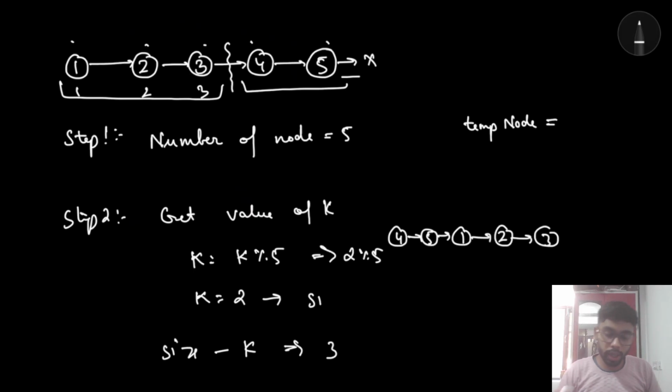So this is quite simple. So we need to code it. I don't think we need to dry run this part. Okay, let's dry run this part. 1, 2, 3, 4, and the 5.